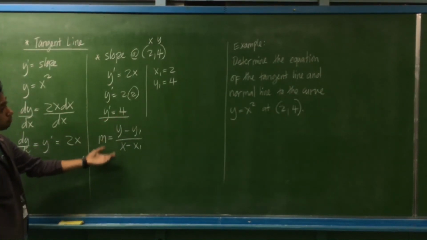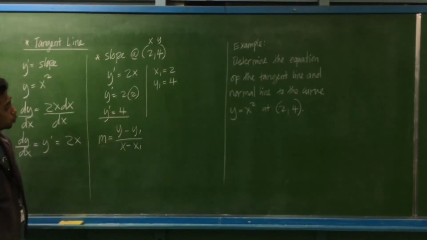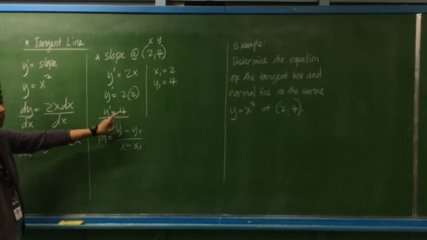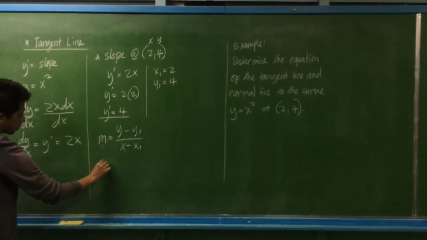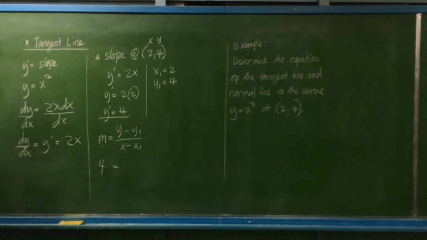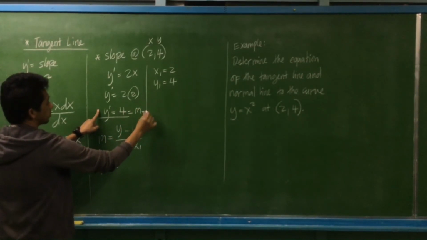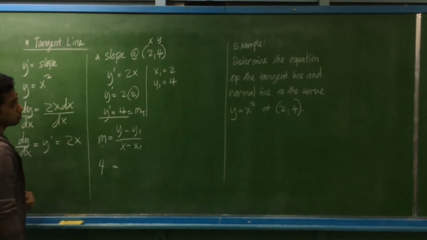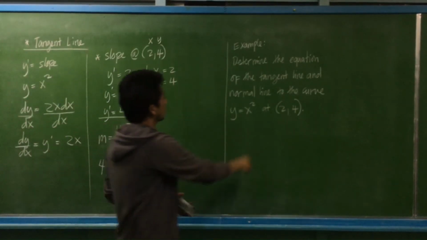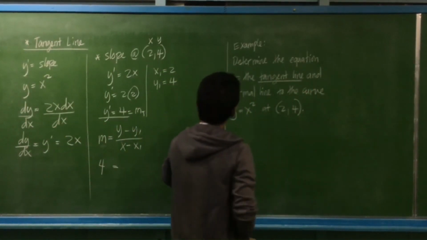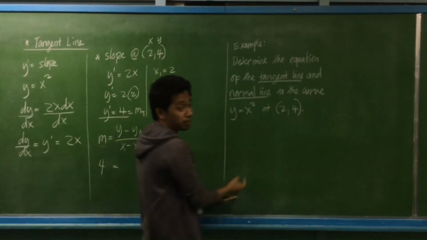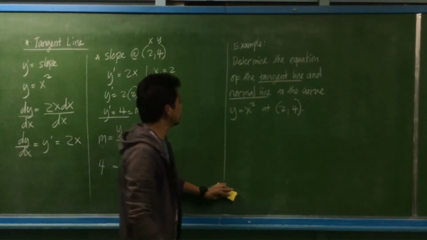Okay, what is the slope of the curve at the given point (2, 4)? That is 4. Take note that y prime is the same as the slope of the tangent line. So first, we are solving for the equation of the tangent line. Later, the normal line.